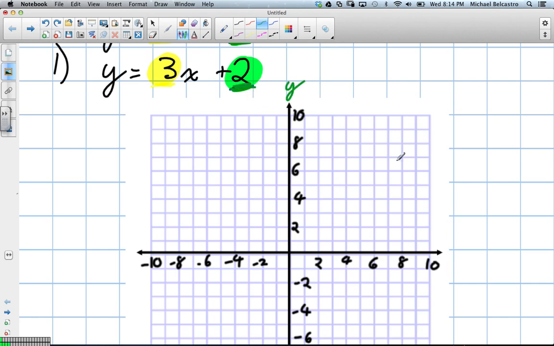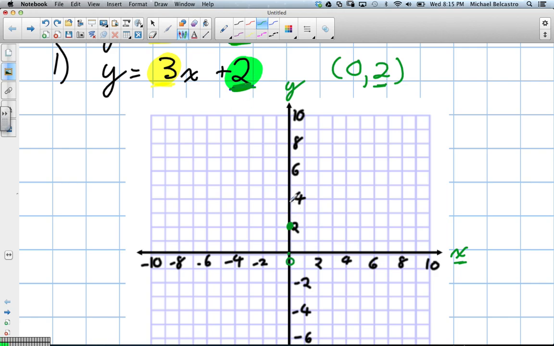If this is our y-axis and this is our x-axis, we follow the y-axis to the value of 2. The actual coordinate of a y-intercept, the x value is always 0 there. And the y value is 2. So on x, we're at 0, but the y value is 2 for this specific line.